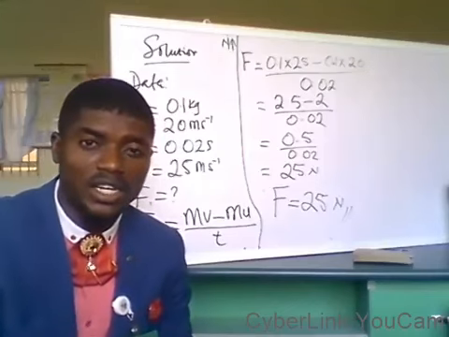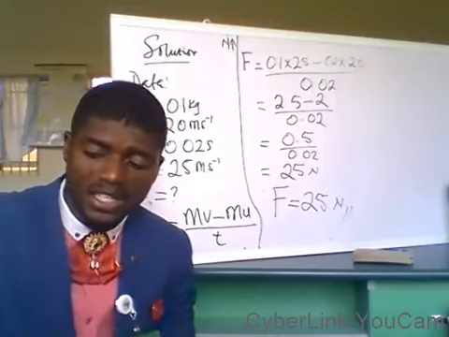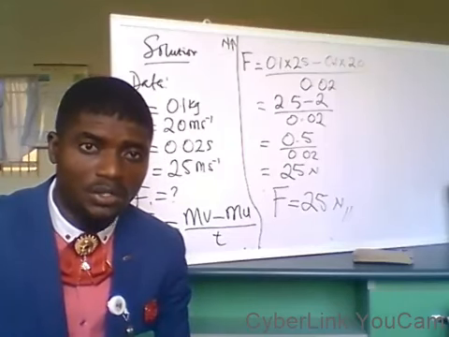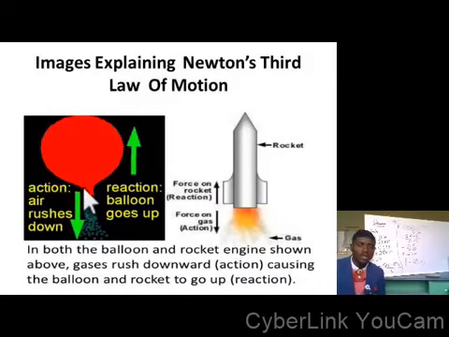Let's quickly take a practical look at this law by looking at this diagram here. There is a balloon with air, and the air is deflected. So if the air pushes down, the air goes out, that is the gas, and then the balloon moves up. This is the action, air rushes down, and this is the reaction.